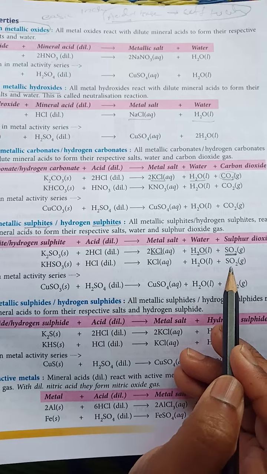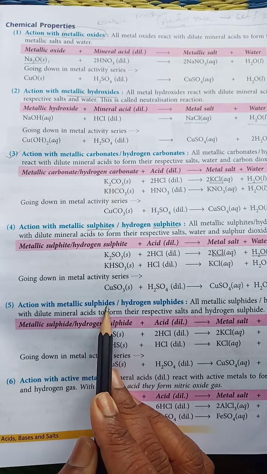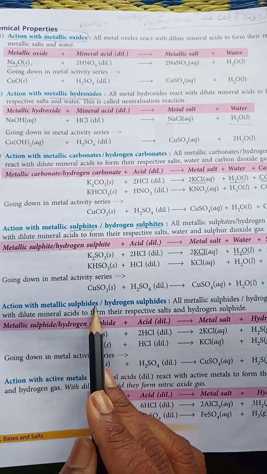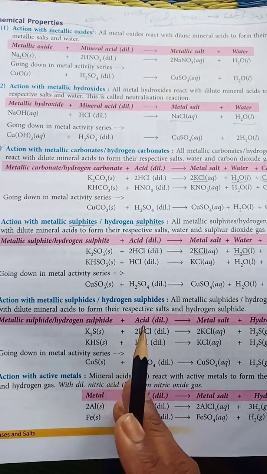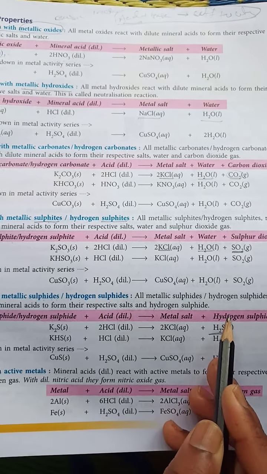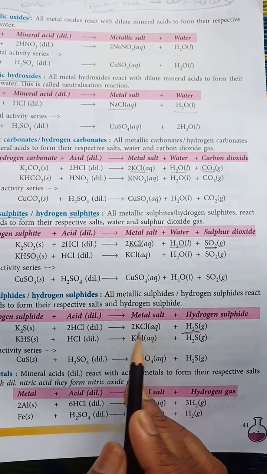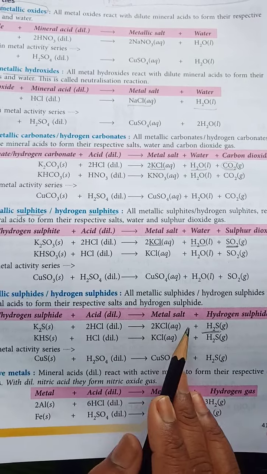Again, action with metallic sulfides. When a metallic sulfide or hydrogen sulfide combines with acid, we get salt and H2S gas, that is hydrogen sulfide. Here water does not exist.